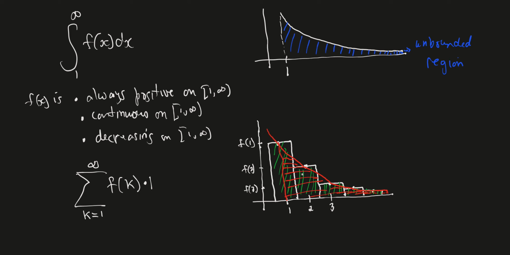So if the red area is finite, it's reasonable to think that the green area will also be finite. And similarly, if the red area is infinite, it seems plausible, it's within the realm of possibility, that the green area is also infinite.